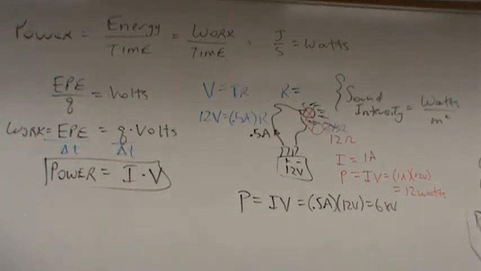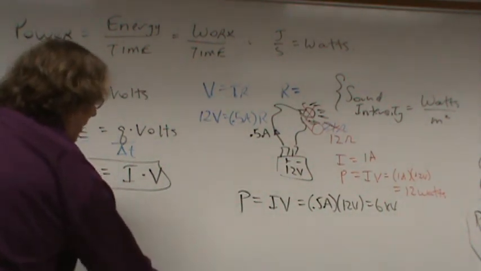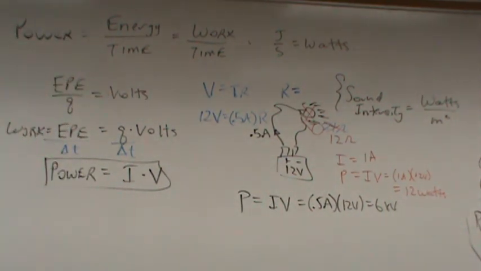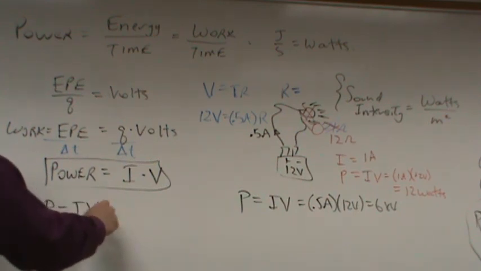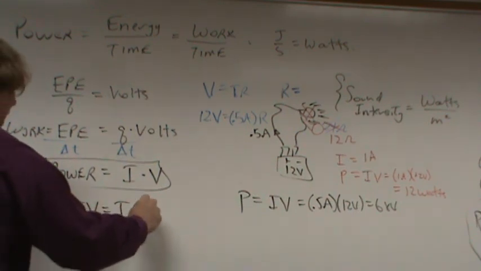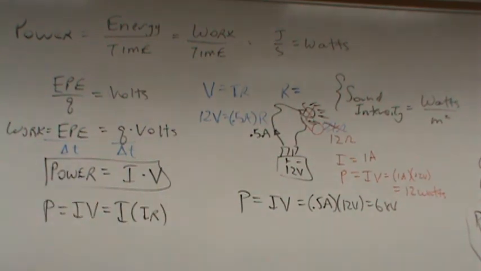The last thing I need to tell you, and you've been listening to me for the entire period, and I really appreciate it. Here comes the last thing. We have 2 other equations for power by inserting Ohm's law. Remember how power is equal to IV? Well, I can substitute IR for V. That's Ohm's law.